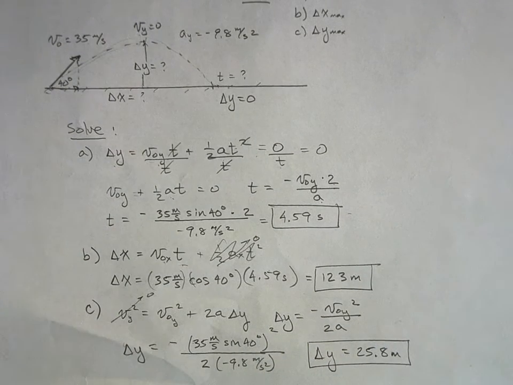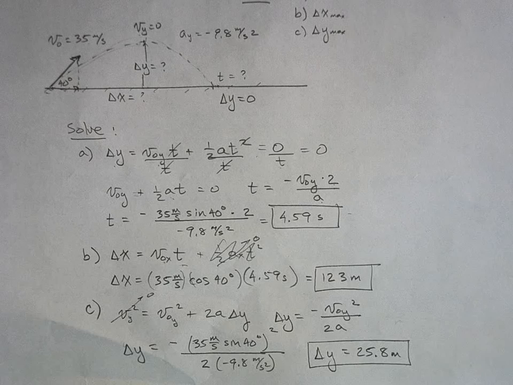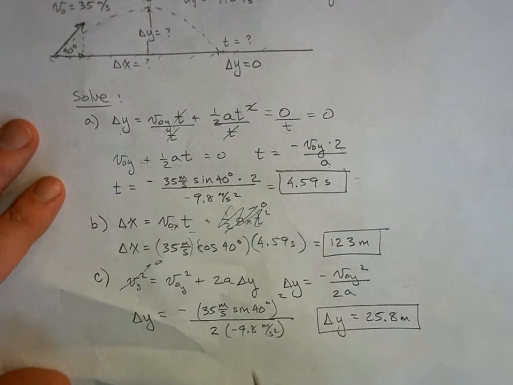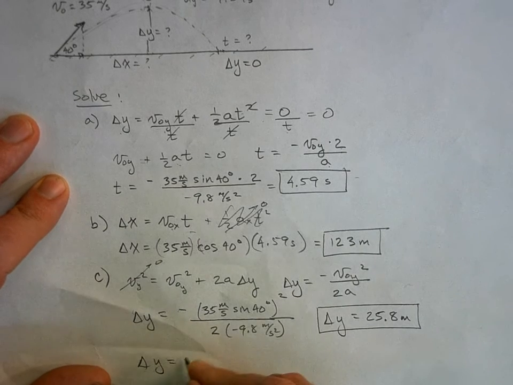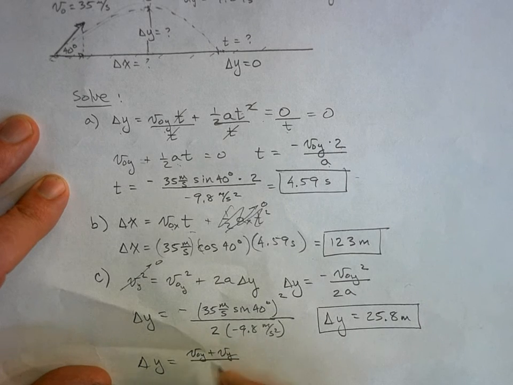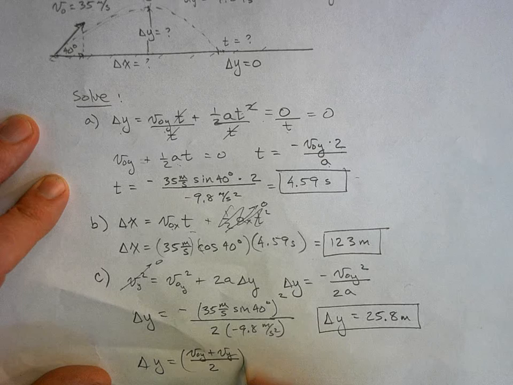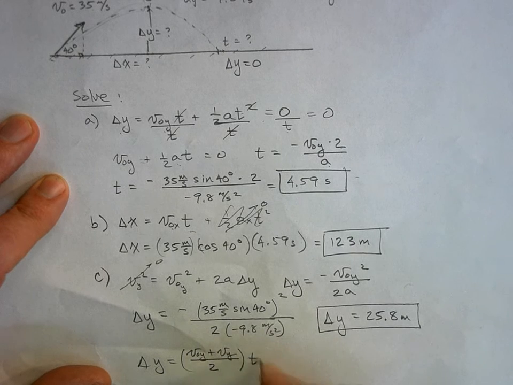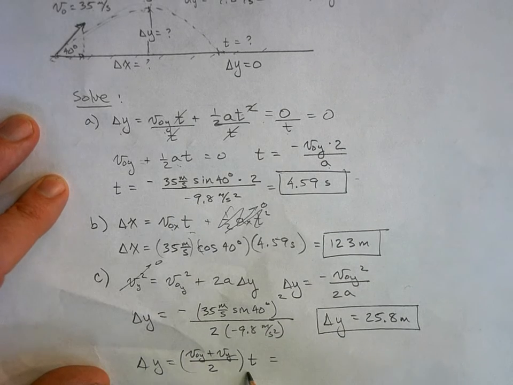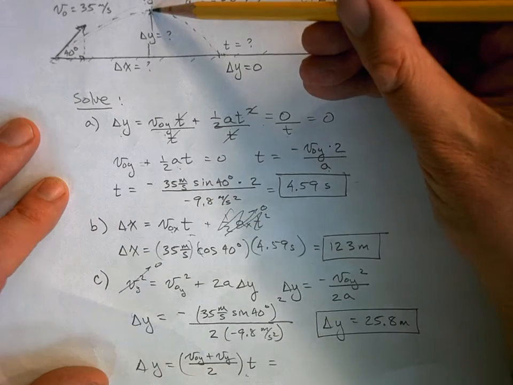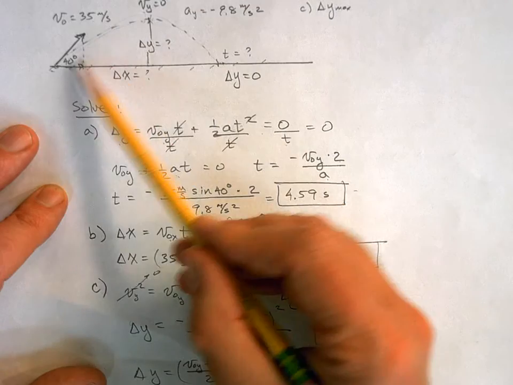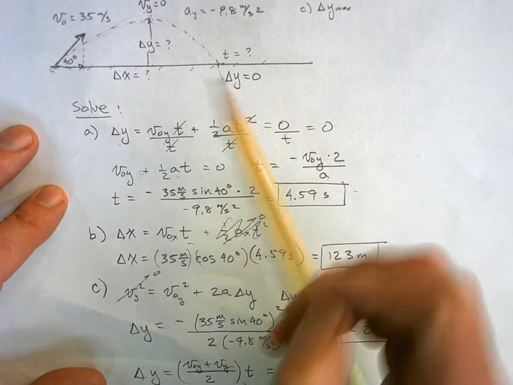Now there's another way of doing it. I could use the second kinematic equation, which says that delta y equals v naught y plus vy divided by 2 times time. But here's the thing. At what time is the velocity equal to 0 in the y direction up here? Well, it goes up and then it comes down. So it's only half the time.